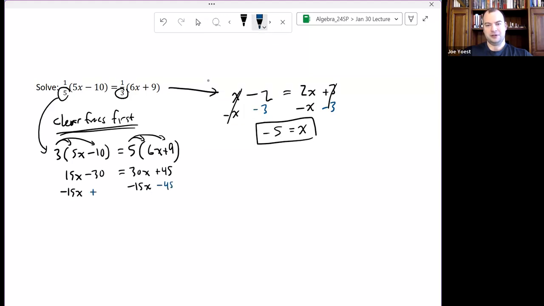Whoops, minus 45. And so we have 15x on the right side. We have negative 75 on the left side.